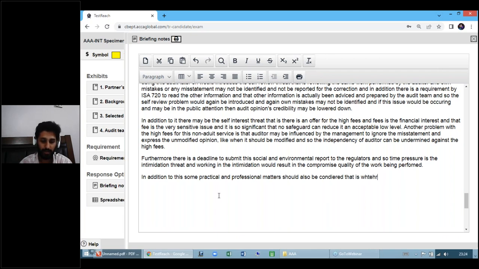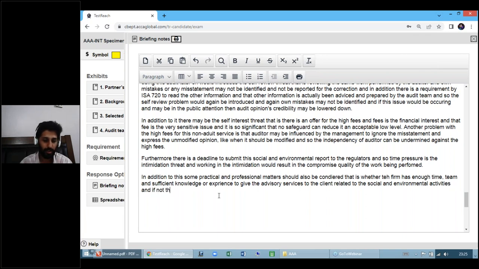That is, whether the firm has enough time, team, and sufficient knowledge or experience to give the advisory services to the client related to the social and environmental activities.